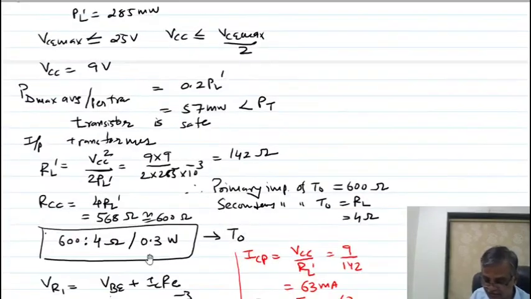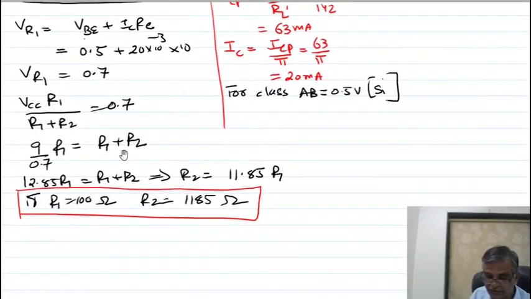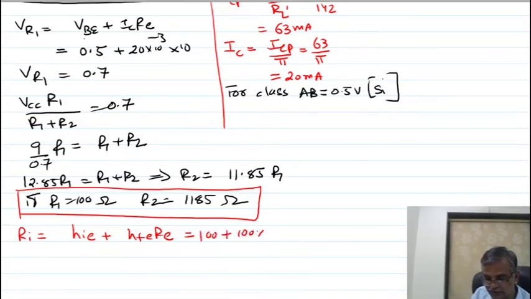Now let us calculate Ri. Ri you know, for an unbypassed emitter, this is the equation. This is 0.1 kilo ohm, this is 100 into 10.